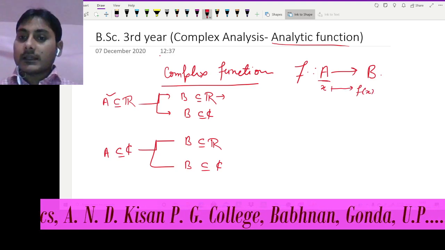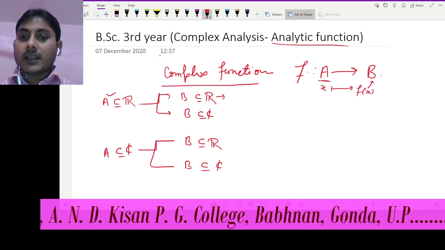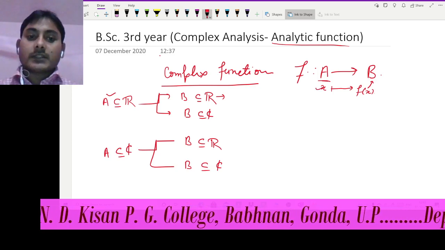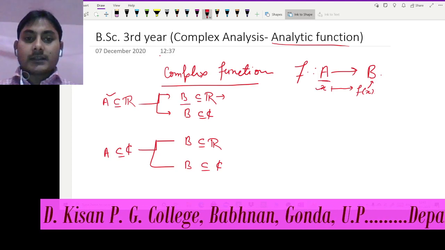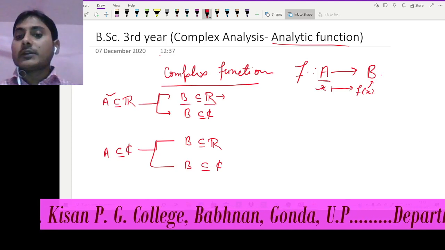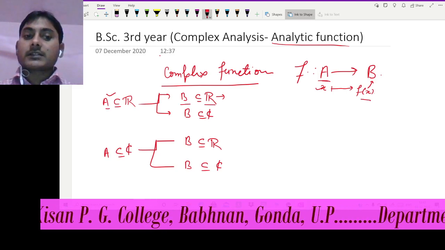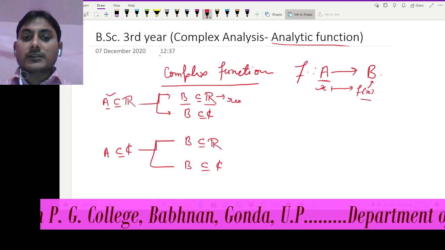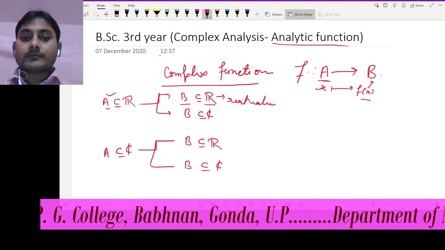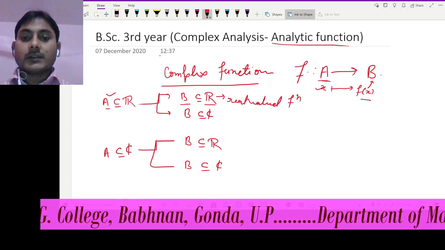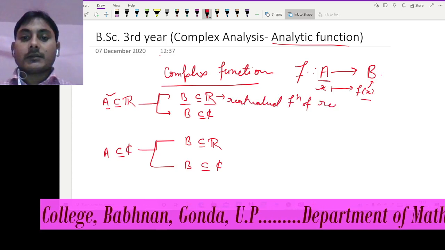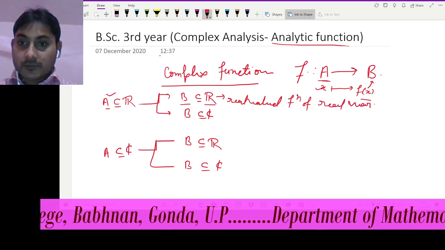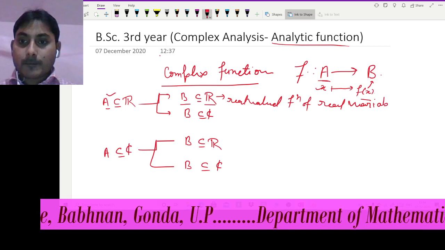Values are coming from B, and variables are coming from A. Because in the first case B is a subset of R, it means the value is real and the variable is also real, so we say it is a real valued function of a real variable.